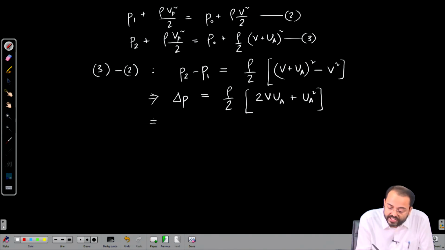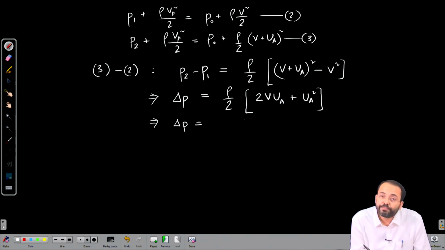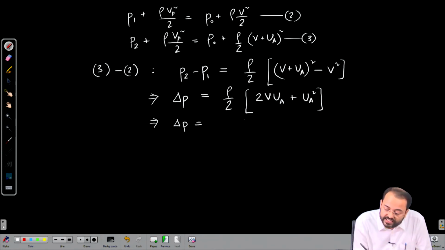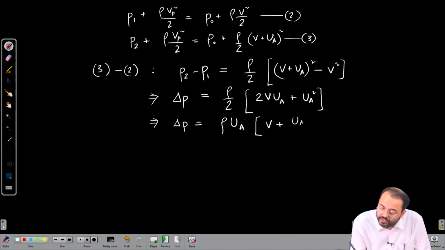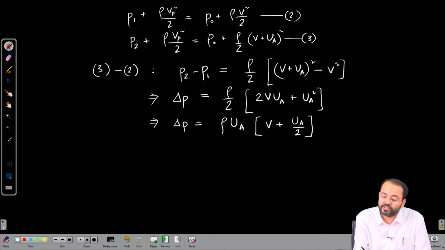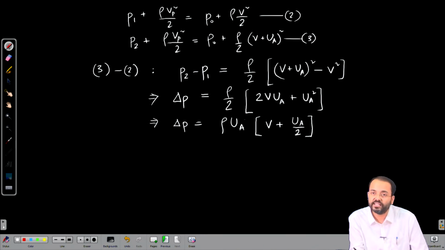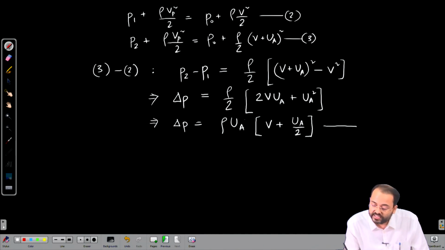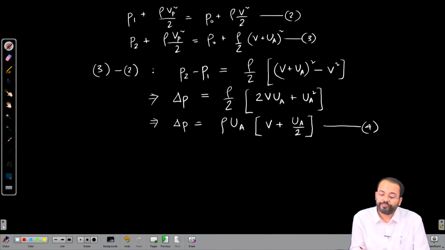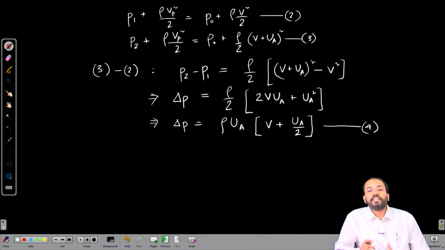Now, again this pressure jump delta P can be written as rho UA times (V plus UA by 2), because this half goes inside the bracket. Let us call it equation 4. Now, this pressure jump is related to the thrust produced by the momentum disc.